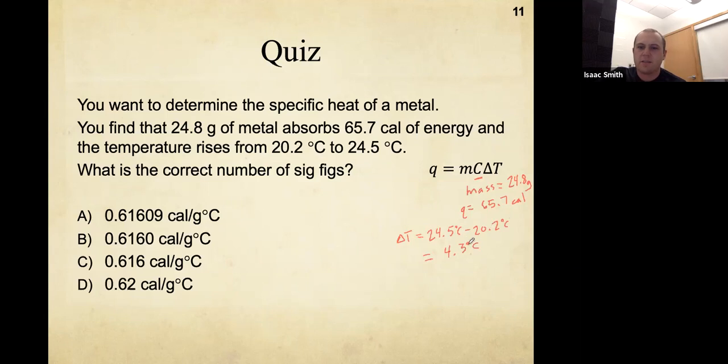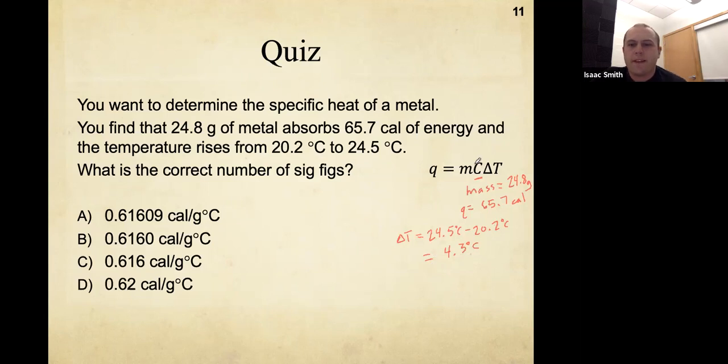Accurate to the 10th, to 1 decimal place, because we're doing subtraction here. So even though there's 3 sig figs in each of these numbers, our answer only has 2 sig figs because when we're doing subtraction, we just go to the smallest decimal place. And in these cases, both numbers have 1 decimal place, so our answer has 1 decimal place.